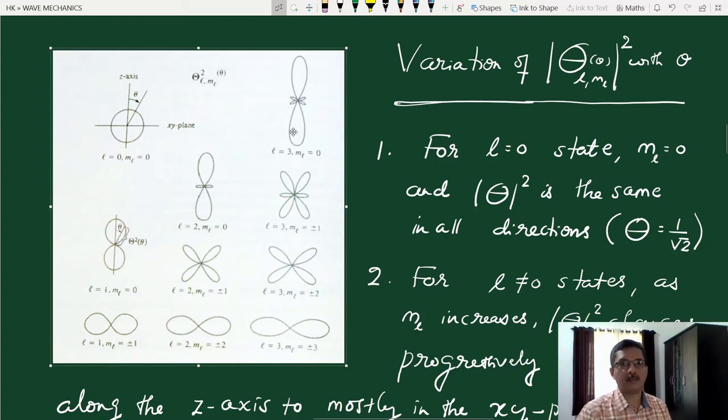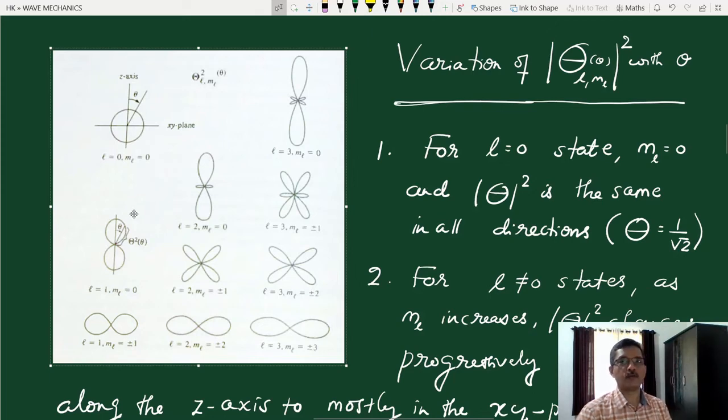Consider one more example, L equal to 3. For ML 0, the probability density is mostly along the z-axis, and for ML plus or minus 1 it's intermediate, plus or minus 2 again intermediate, and for plus or minus 3, the highest value of ML, the probability density is mostly along the xy plane. So you can see that there is a progression.